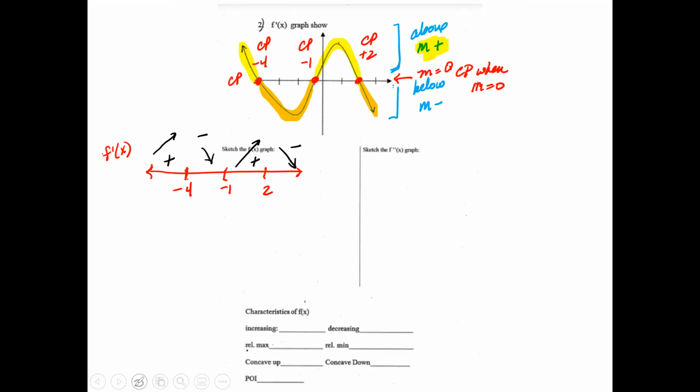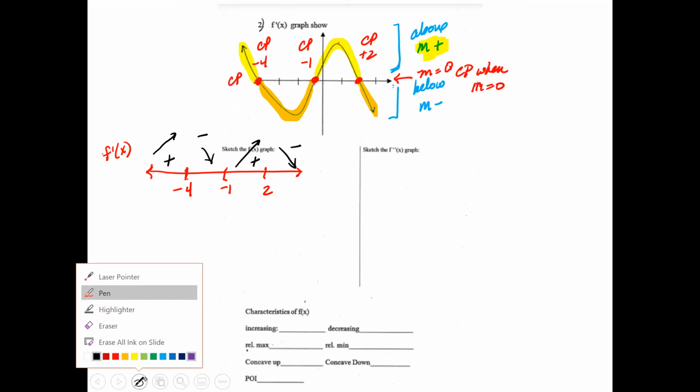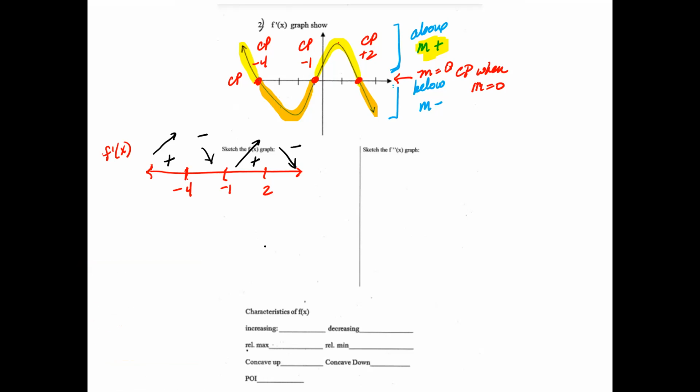All right, so now that I have that, I can go ahead and graph this. So here's my graph. And remember, your points are at -4, -1, and +2.